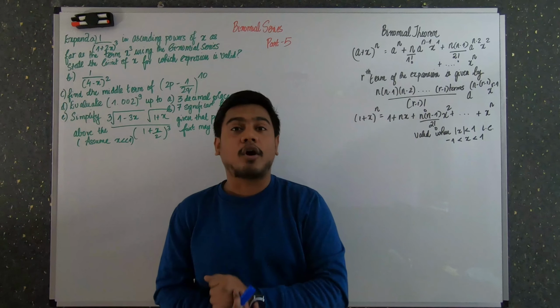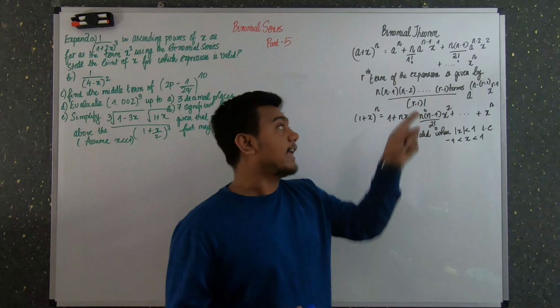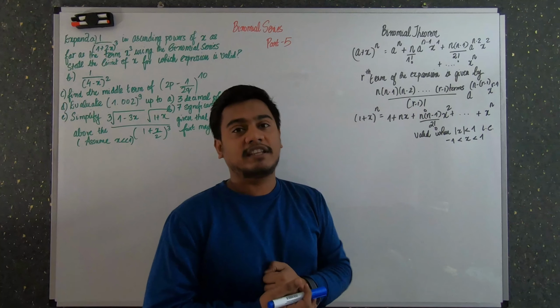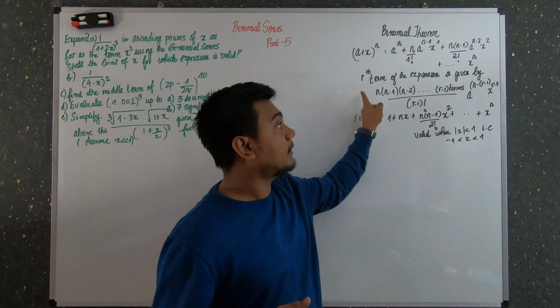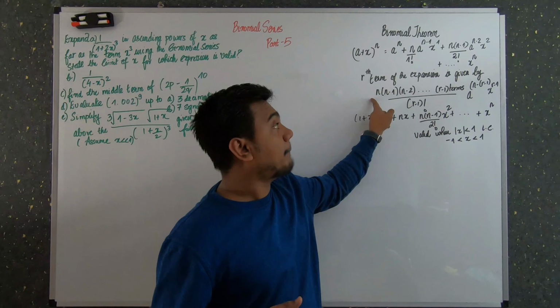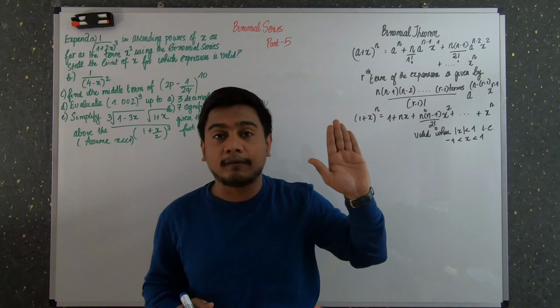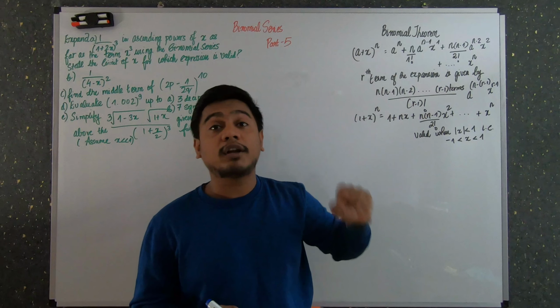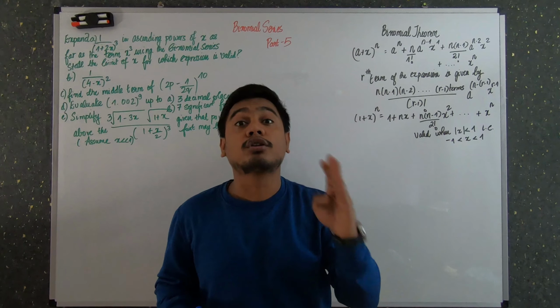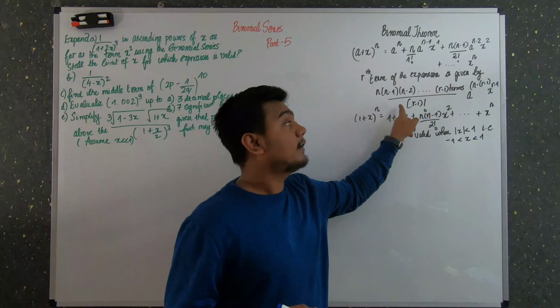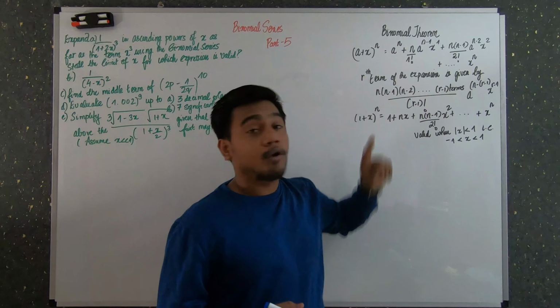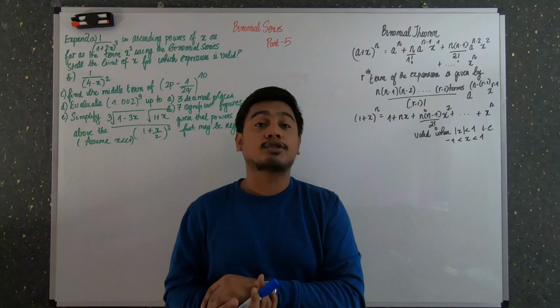Also, the coefficient has a relation that you can see in the rth term of a series. If it is the rth term, the numerator is written until r-1 terms. For example, if you want to find the fifth term, you write backwards 5 into 4 into 3 into 2 by 4 factorial. If it is the 10th term, let's assume, what do you have to write?